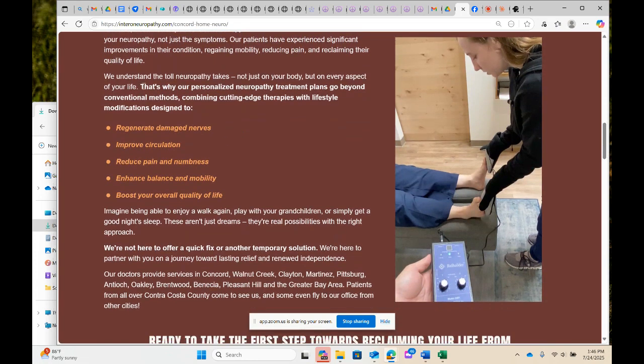Oh, and then we want to get into a day in the life of. So, imagine you're in the backyard, you're gardening, you're landscaping, you're bending over. A day in the life before and after would be really important because it says it's not just a toll on your body, but on every aspect of your life.